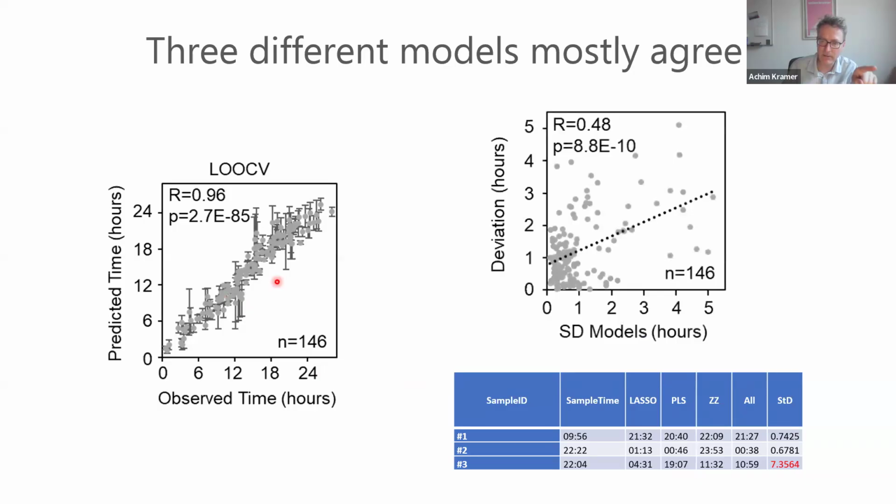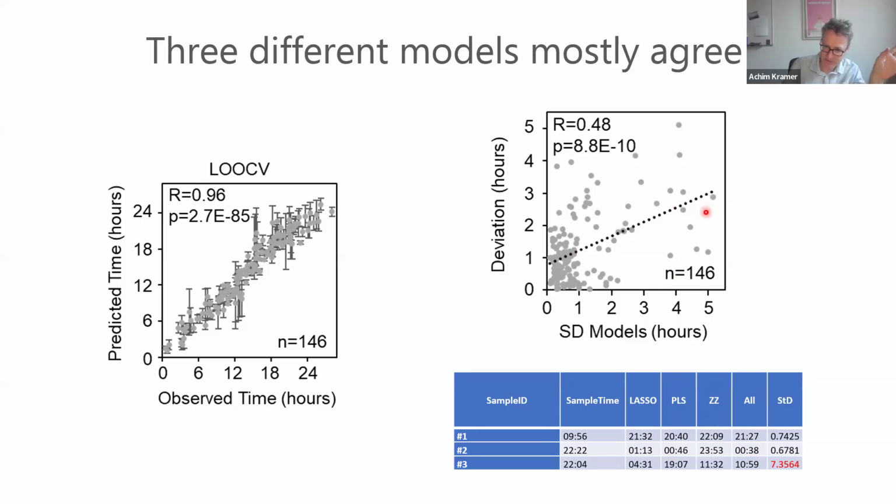And when you now plot the standard deviation of the models, which is this, against the deviation between observed and predicted, you see there's a correlation. If the models don't agree, you cannot trust this value because then the deviation is too high.